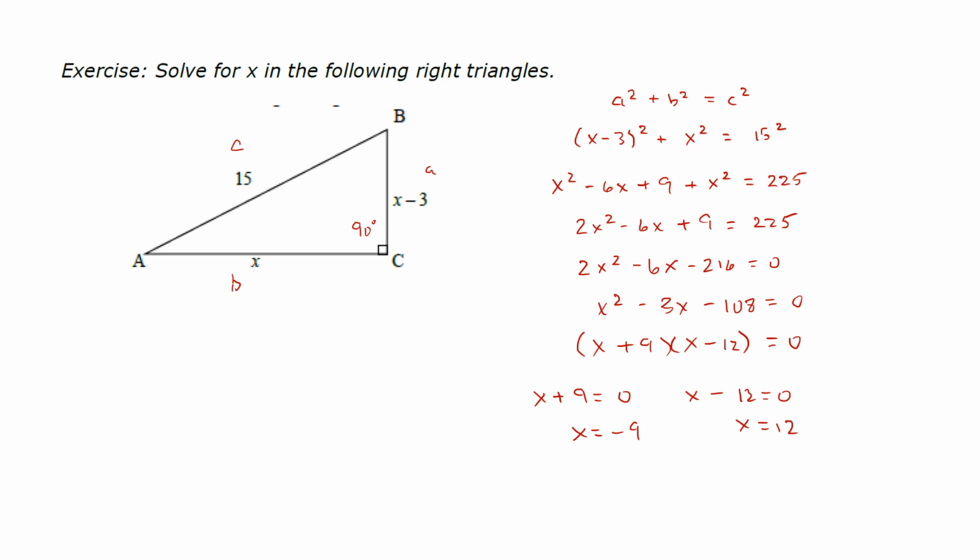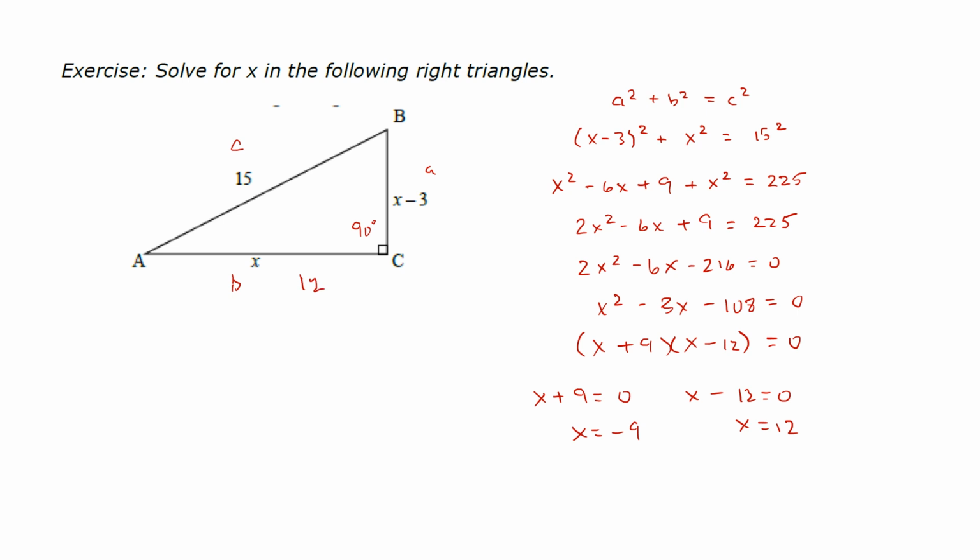Like you can't be negative 5 feet, or the worm can't be negative 3.5 feet. Or, ooh, that would be a long worm. Anyway, inches or centimeters, I guess, would be more appropriate for a worm. So negative 9 cannot be our answer for x because it is negative. Now, if we were to substitute in 12, those values seem more reasonable, so x here would be 12.